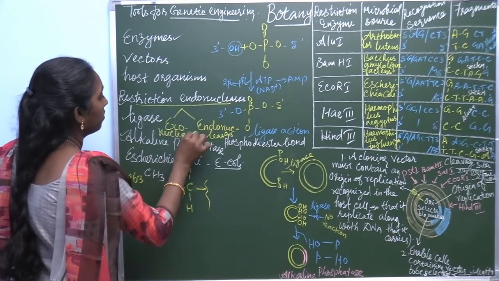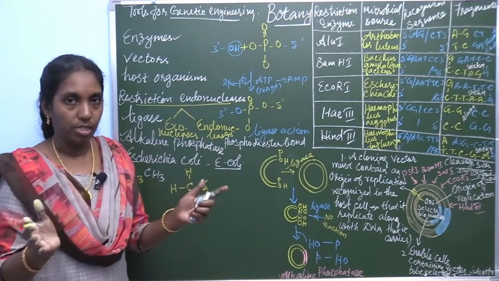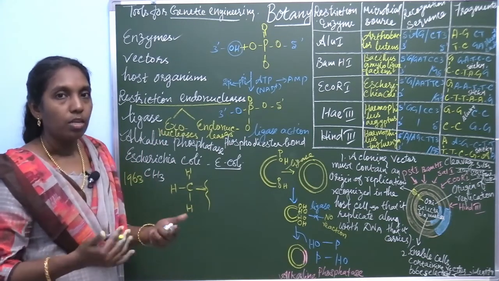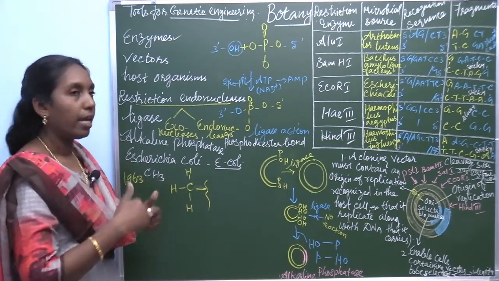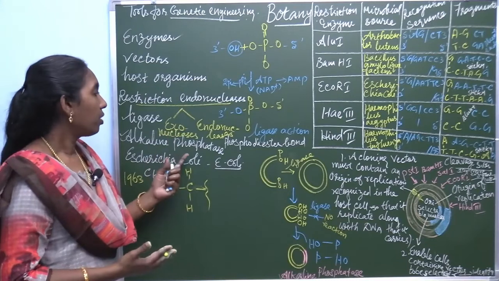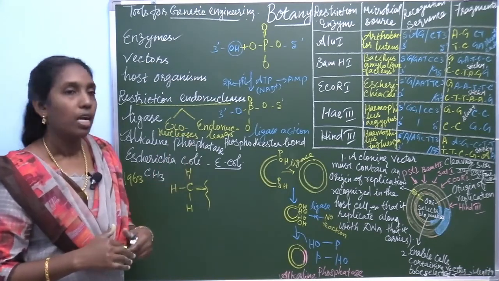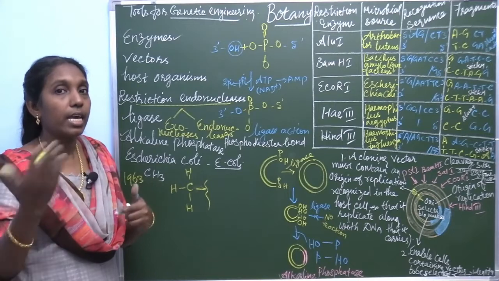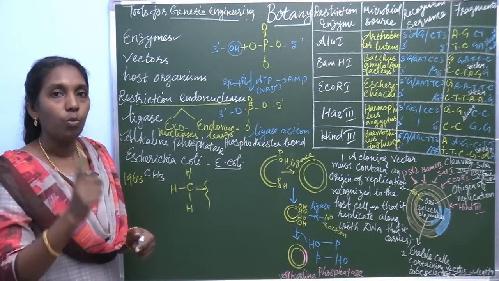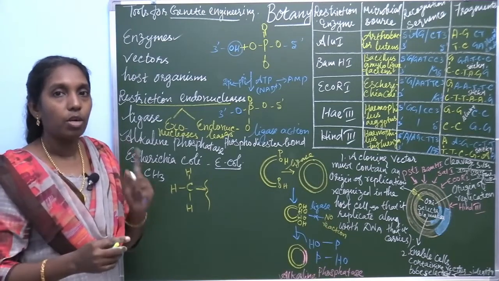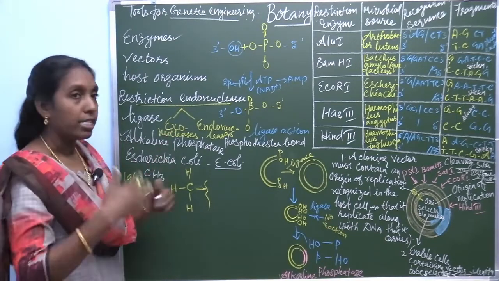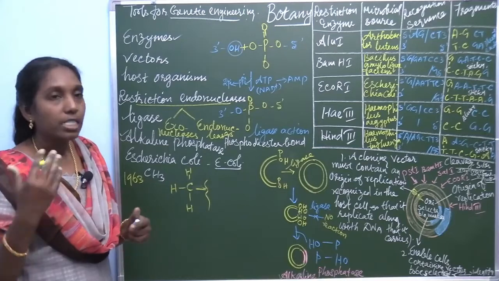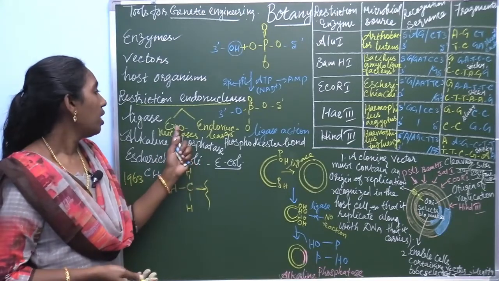Exo, as you know the meaning, is outside. Exonucleases cut the DNA at one end, at the end of any one of the DNA sequences. Examples of exonucleases are Bal 31 and exonuclease III.